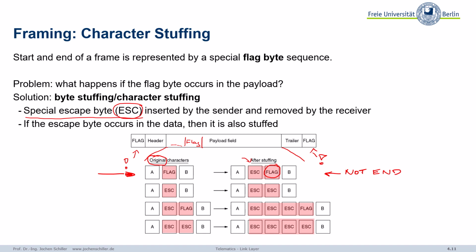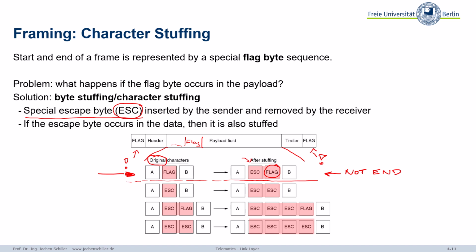So only for the payload, we check the payload. As soon as we see a flag in the payload, we stuff it. We place an escape before the flag character. Okay, problem solved. Well, let's see if this really works.